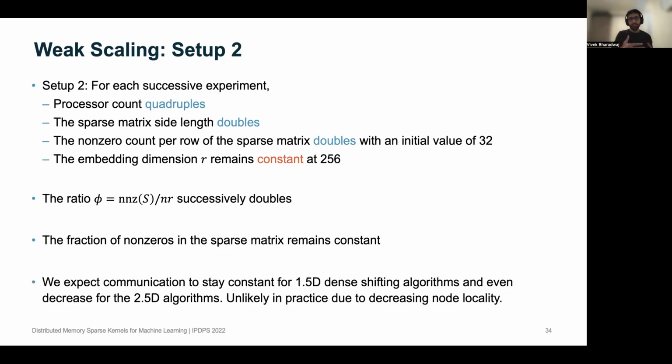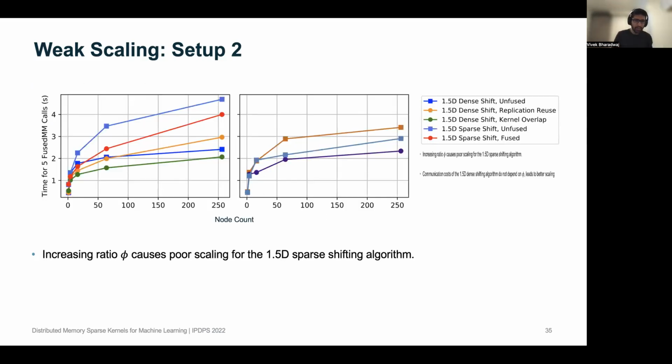And in this situation, we expect communication to stay constant for 1.5D algorithms and even decrease slightly for 2.5D algorithms. Due to decreasing node locality, this is highly unlikely in practice. But here are the results. You'll notice that the y-axis for the weak scaling setup 2 tops out at about 5 seconds, where it was close to 25 seconds for weak scaling setup 1. And here we see the exact opposite story.